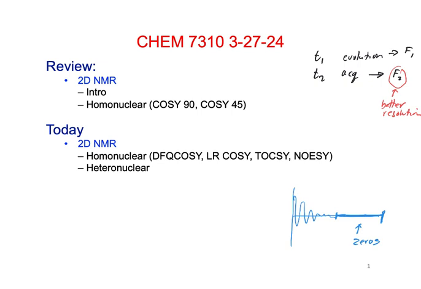All right, so far we've talked just about 2 different variants of a homonuclear coupling experiment, coupling protons to protons. We looked at the COSY 90, which has 2 90-degree pulses, which is the standard, simple COSY spectrum. And we looked at the COSY 45, which had that second pulse being a 45-degree angle.